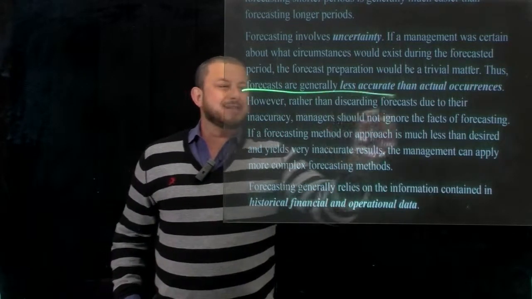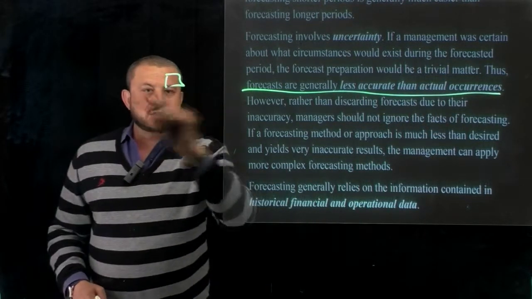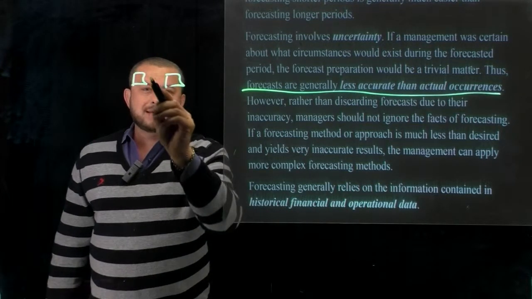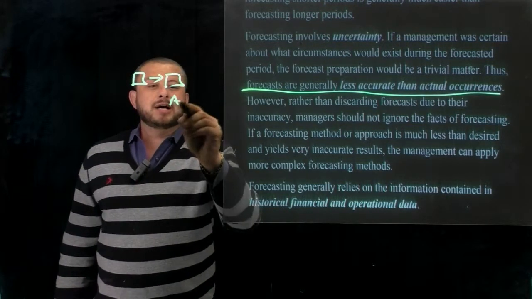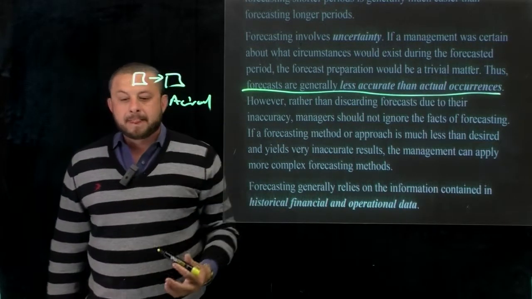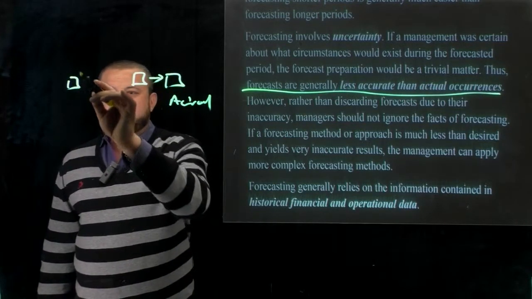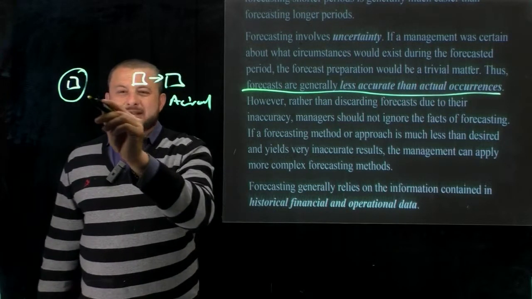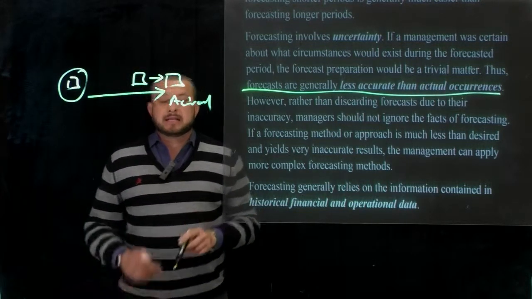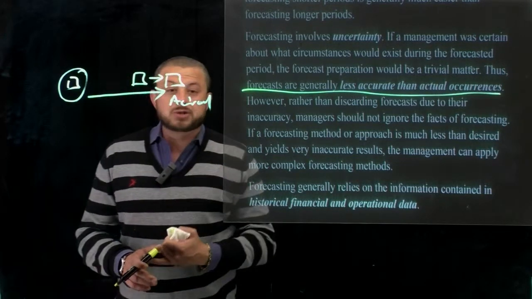Forecasts are generally less accurate than the actual occurrences, of course. For example, this is the actual occurrence, and this is our forecasting right here. We might want to get as close as possible to actual data, actual occurrences, because if you forecast something, for example ADR, and it's so far away from the actual outcome, then your forecasting assumptions or limitations or forecasting procedures are wrong.